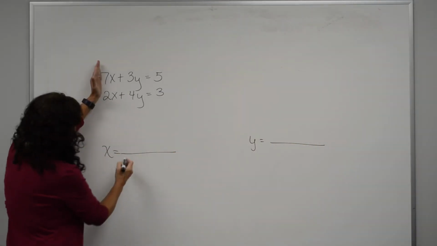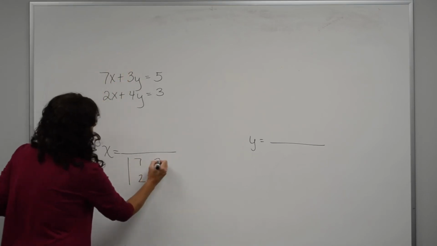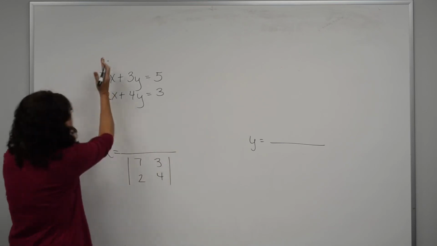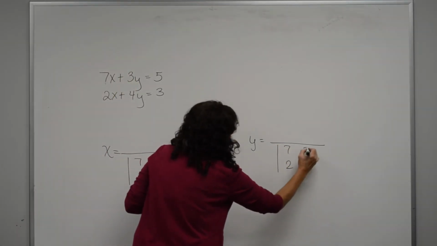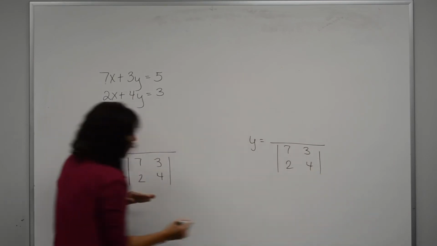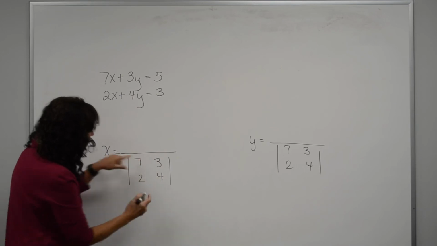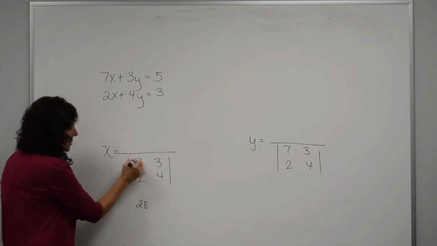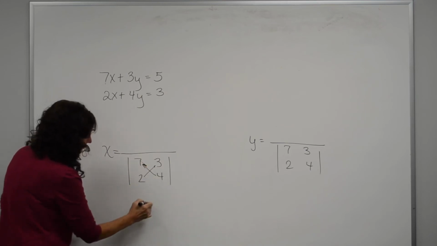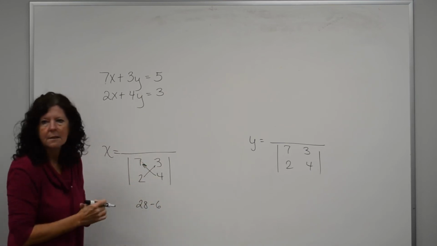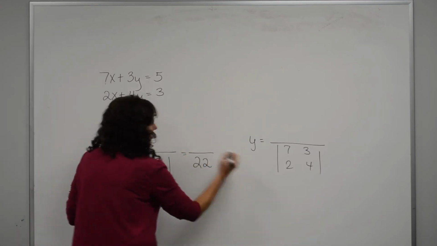So the bottom, you're going to find the determinant of 7, 2, 3, and 4. So this and this, and that's the same on both. So don't mess it up on one, because if you mess it up on one, you'll mess it up on the other one. So this is going to be a 28, because remember you multiply up. Then you multiply up here. So I have a 28 minus 6. So I've got a 22 on the bottom of both.